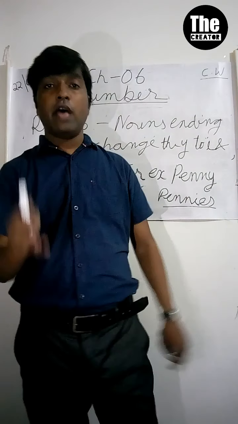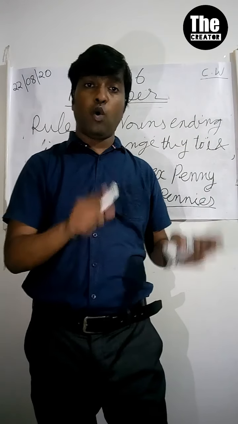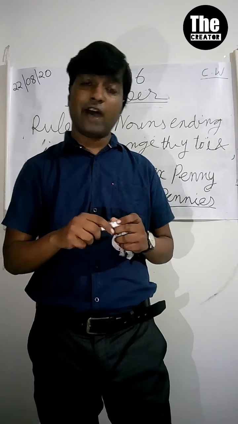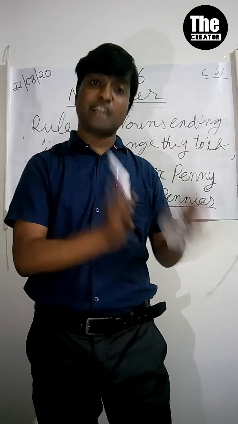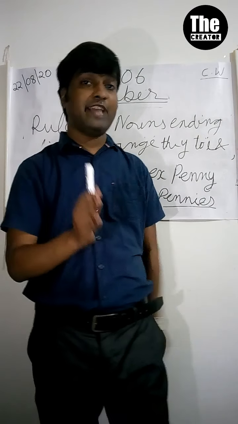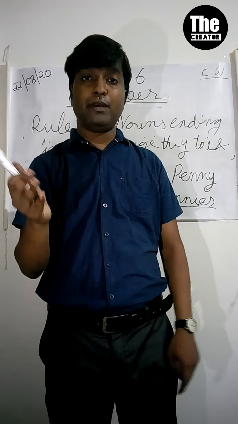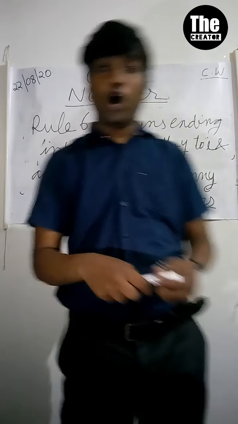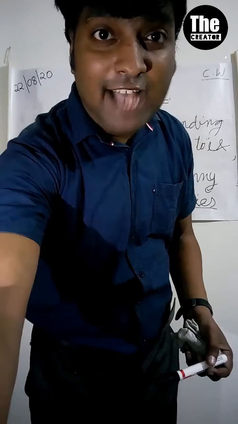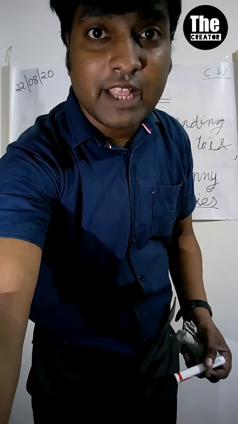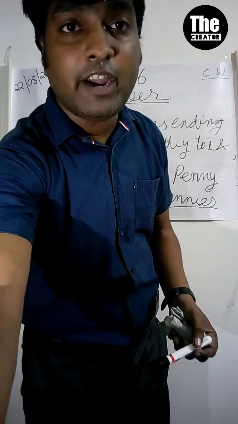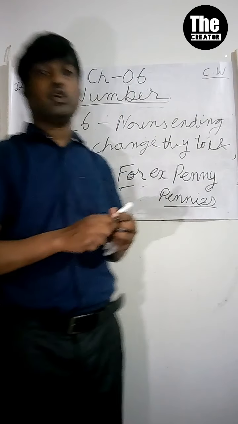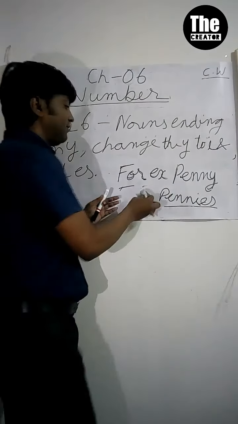What you can do? You can simply say monkeys. Only you can put S over there. So these are some of the exceptions. One more example, holiday. When you write holiday, you just need to put S over there. Then it would become holidays. Got it? So let's see our rule number 7.